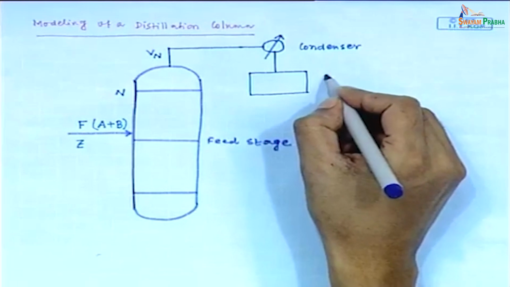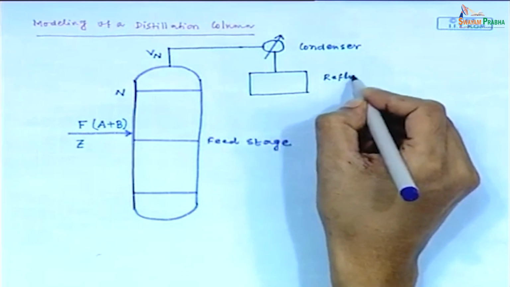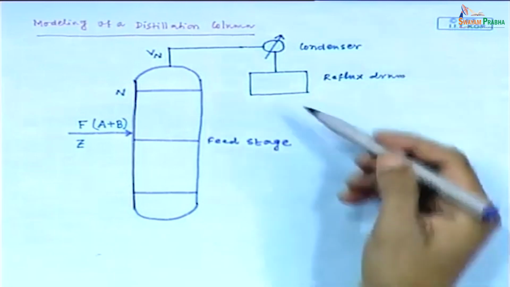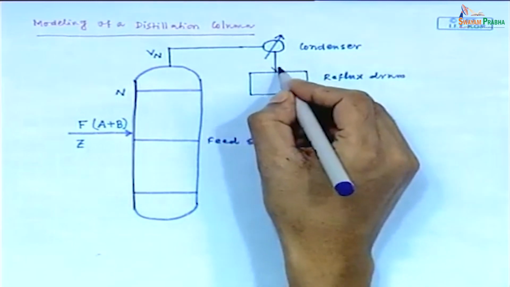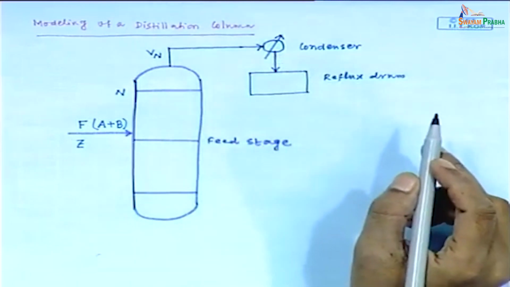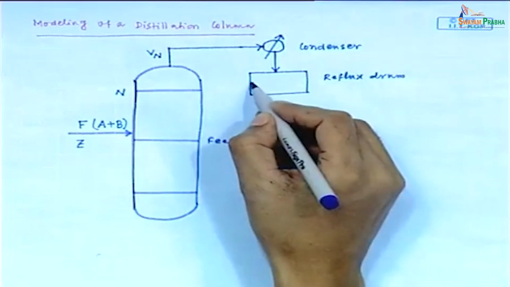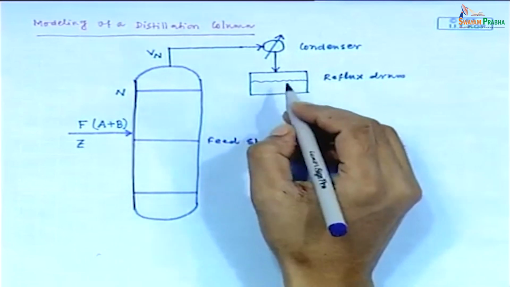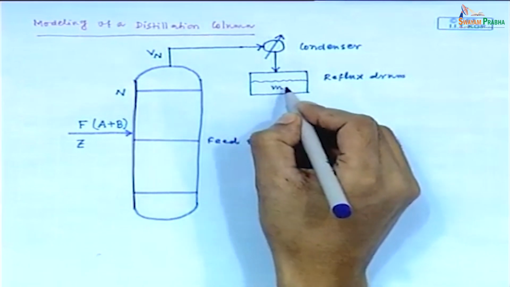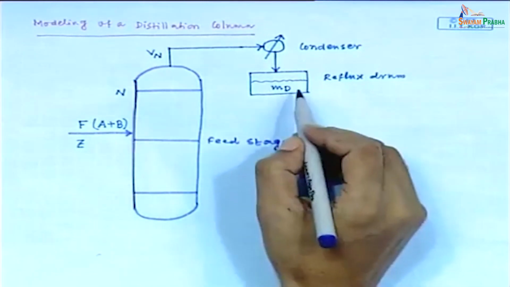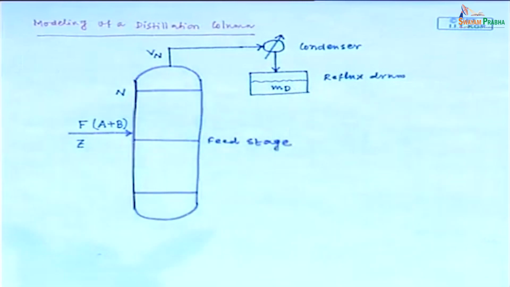This is called reflux drum. Suppose the hold up of this condensed liquid in the reflux drum is MD.